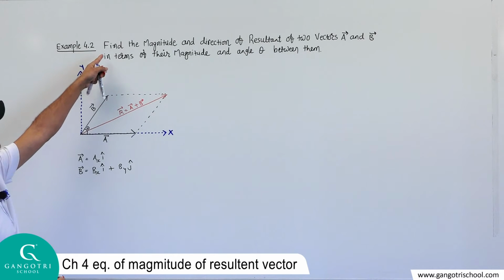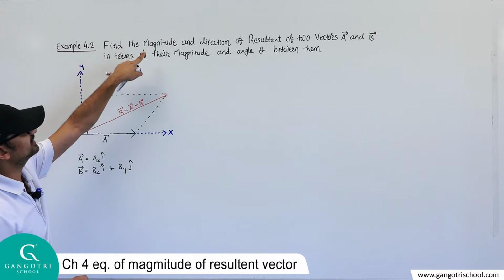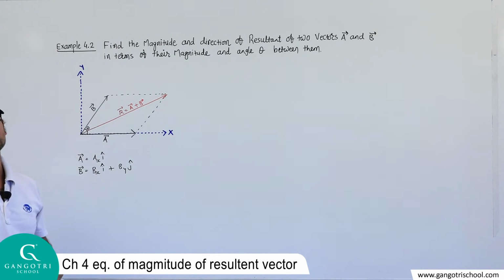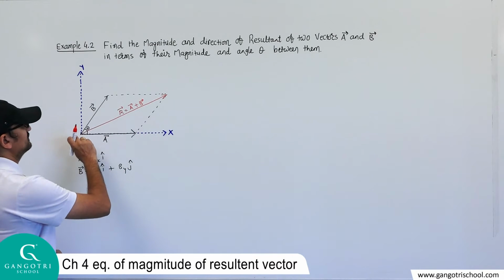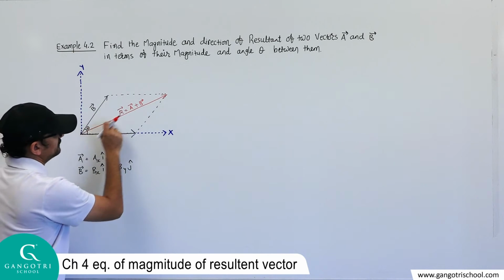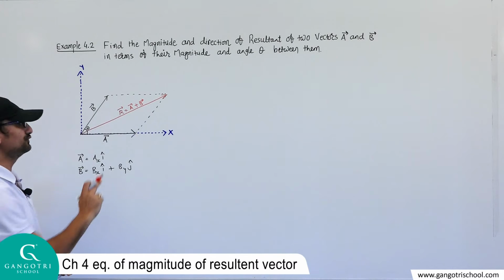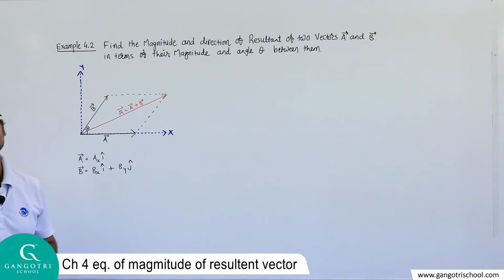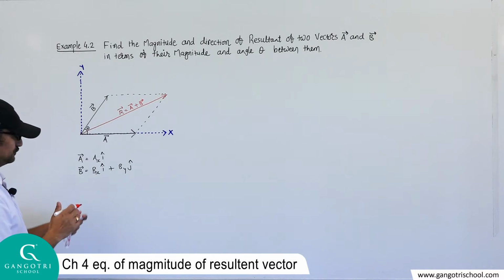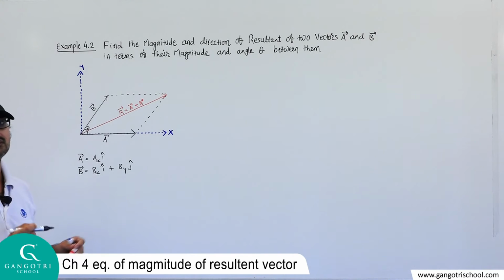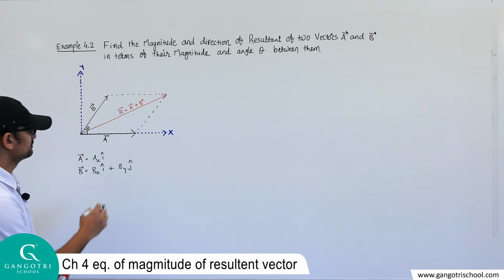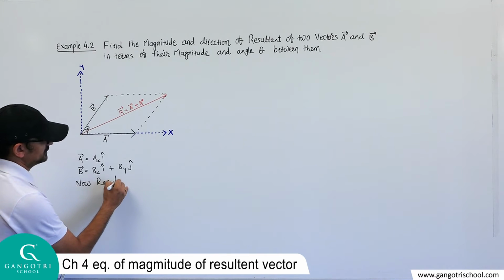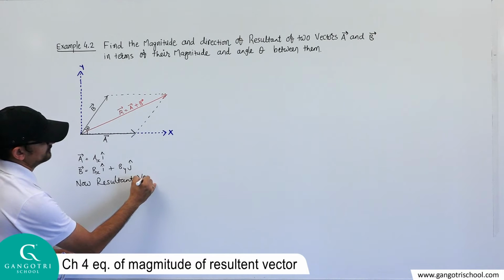Now again, if you look at the question, find the magnitude and direction of the resultant of two vectors A and B. This is vector A and this is vector B. This is the resultant of A and B. We would like to find the magnitude of this resultant vector as well as the direction of the resultant vector. Okay, so let's first of all find the equation of the resultant vector.